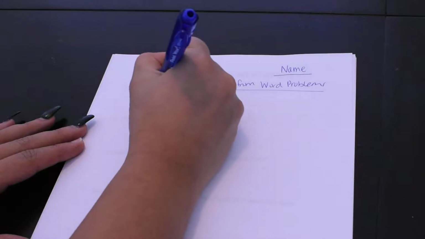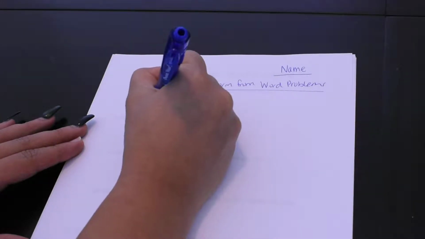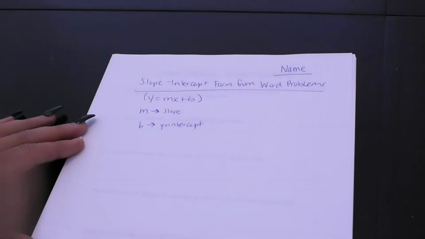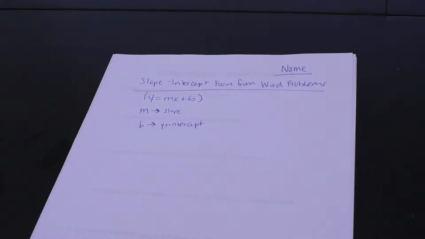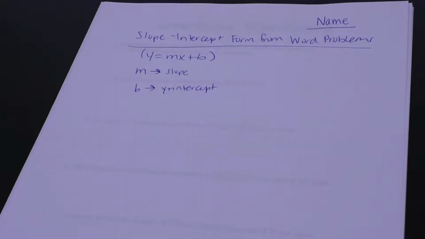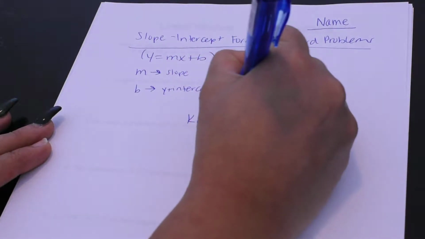And we know that m is slope and b is y-intercept. It's where your line crosses the y-axis, all right? In other videos, you'll see exactly what that means. Before we get started, we need some key words that will help us identify the slope and y-intercept from different word problems. So we're going to create a chart called keywords.